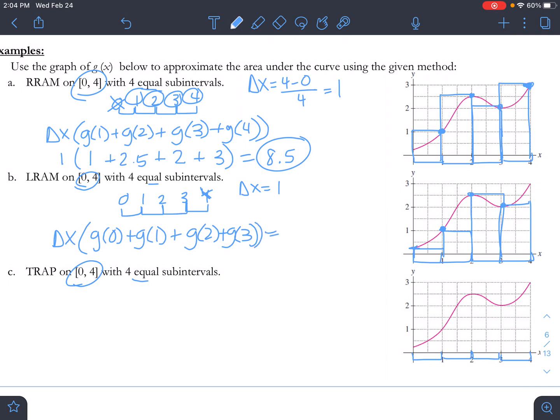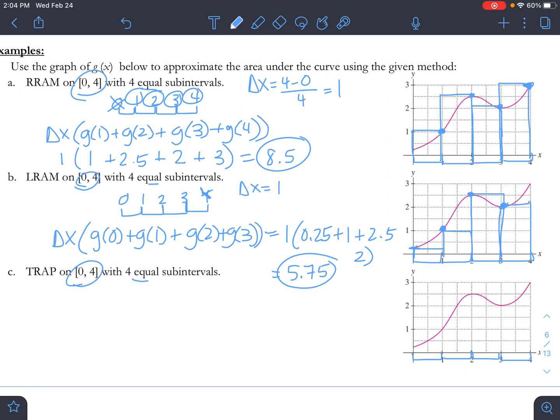So delta x, this would be 1 times 0.25 plus, then we're at 1, then we're at 2.5, and this height is at 2. We add those all together, and we get 5.75. Okay, so that is RRAM and LRAM, little review for you there.